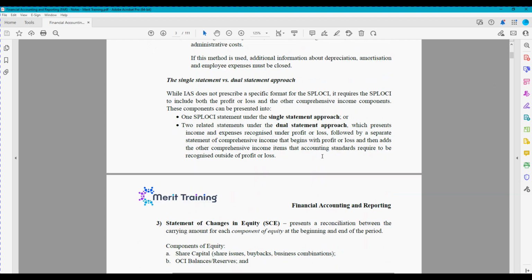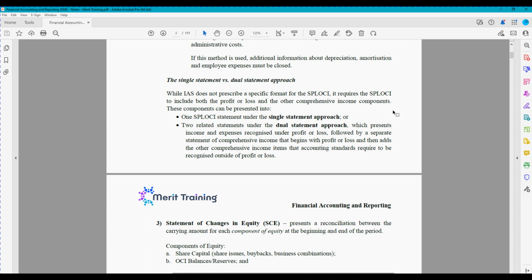Okay, so next we're going to talk about the single statement versus the dual statement. There's no requirement under IAS to use a specific format for the SPLOCI. Instead, it requires the SPLOCI to include both the profit and loss and the other comprehensive income. But you can essentially do this in one of two ways.